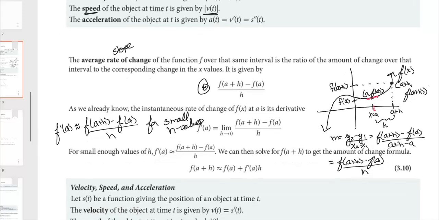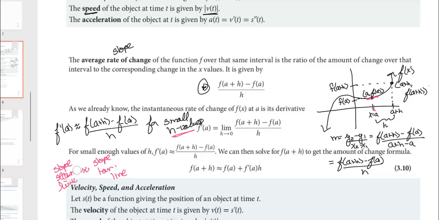And if the h value is small enough, then the slope of the tangent line is really going to be close to the slope of the secant line, which is what this statement is saying. So the secant line is about equal to the slope of the tangent line.